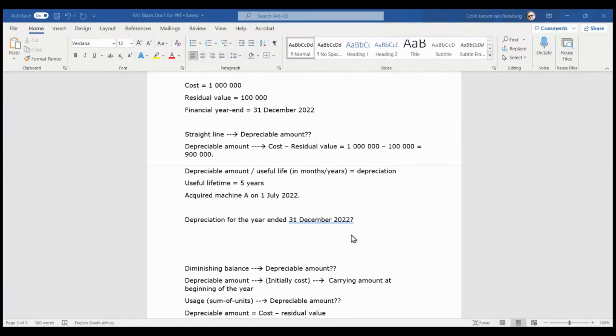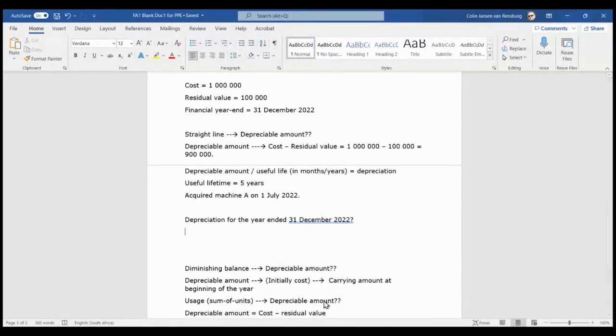You can put a percentage there as well, but when it comes to the diminishing balance method, there you have to put a percentage, right? Under the straight line method, it is optional. But under the diminishing balance method, you have to have a percentage. There's no other option, right? So we'll see that very soon.